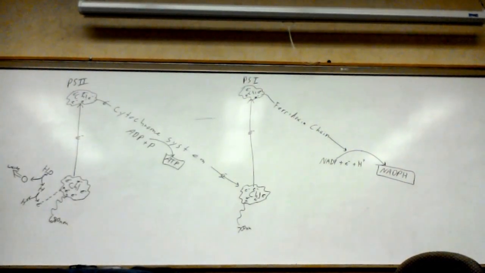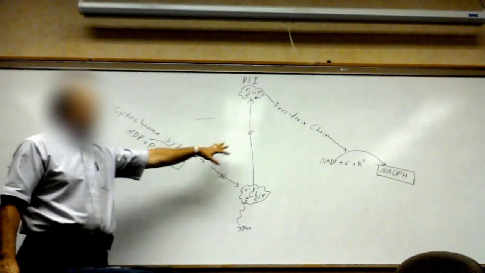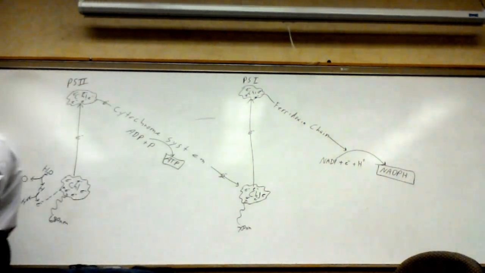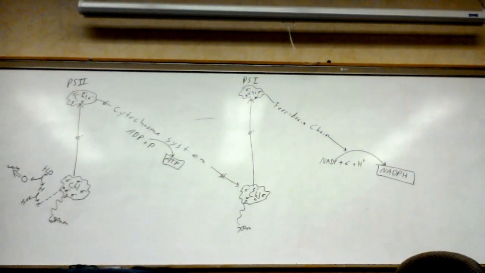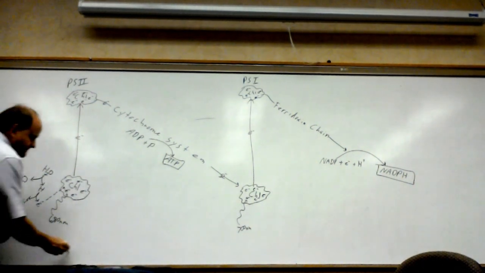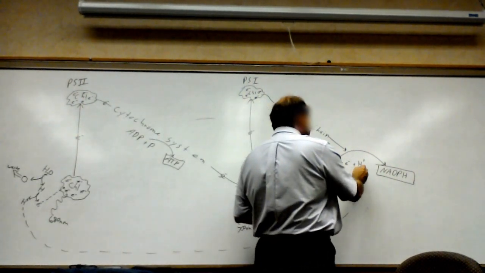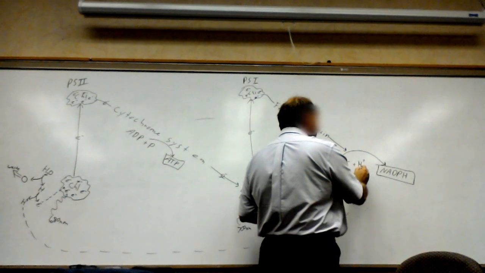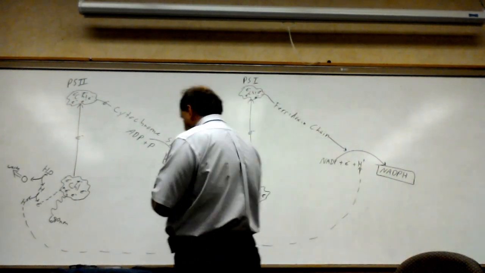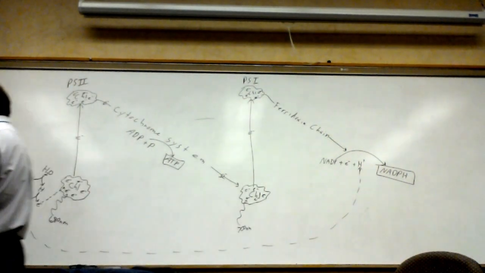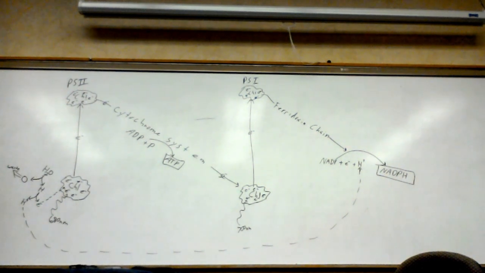Well, the NADP is available in the cell. The electron we got from here. Where did our hydrogen ion come from? This one over here. So it's a long dotted line. And that gets us to our NADPH.